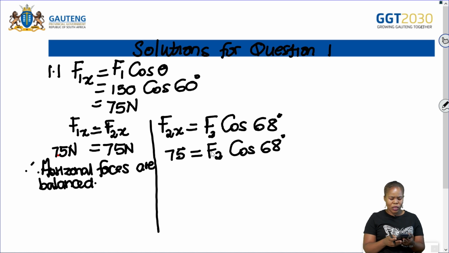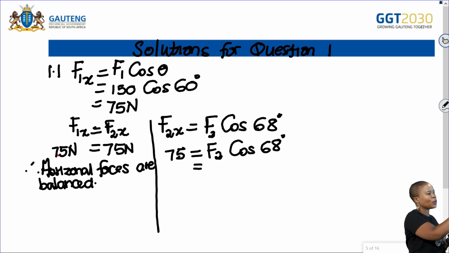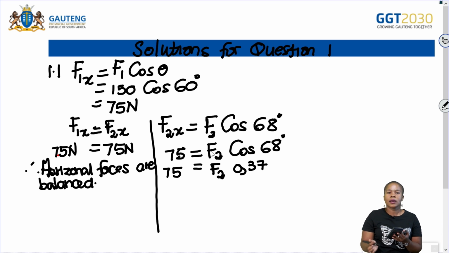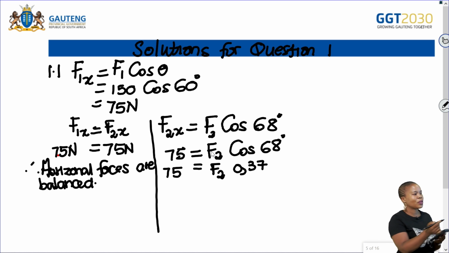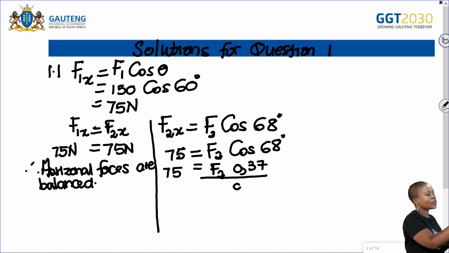So what is your cos of 68? Cos of 68 is going to give you 0.37, and then over here we bring down our 75, because we want to find F2 and not F2 times 0.37, so we're going to divide by 0.37 on both sides.